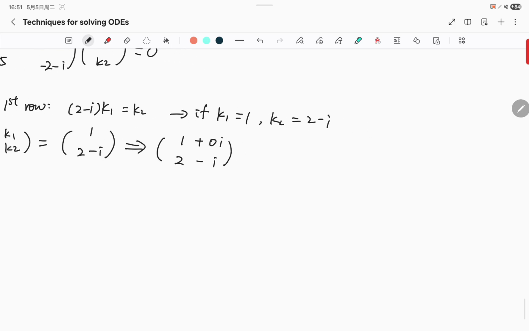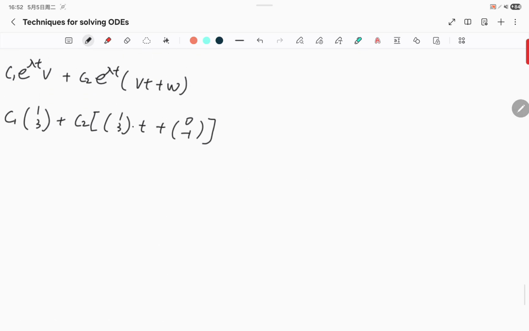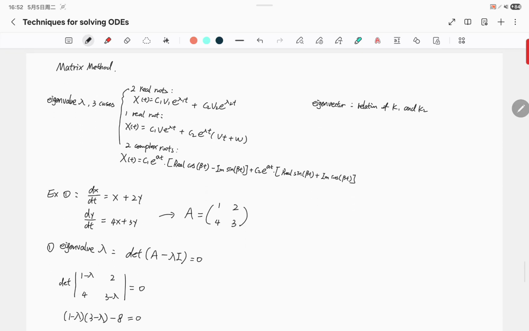We're gonna put the real part together vertically and the imaginary part together vertically. This is my real, this is my imaginary, right? Now we can plug into this whole, this very long template equation here.